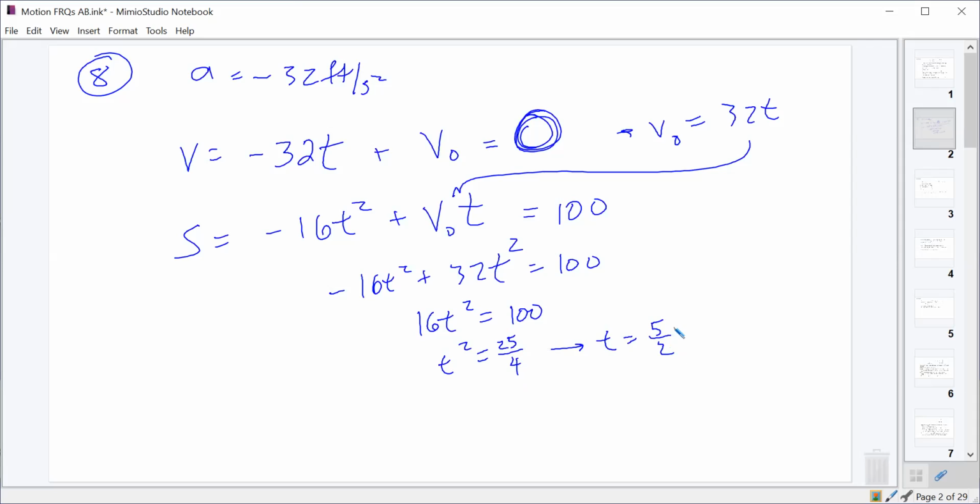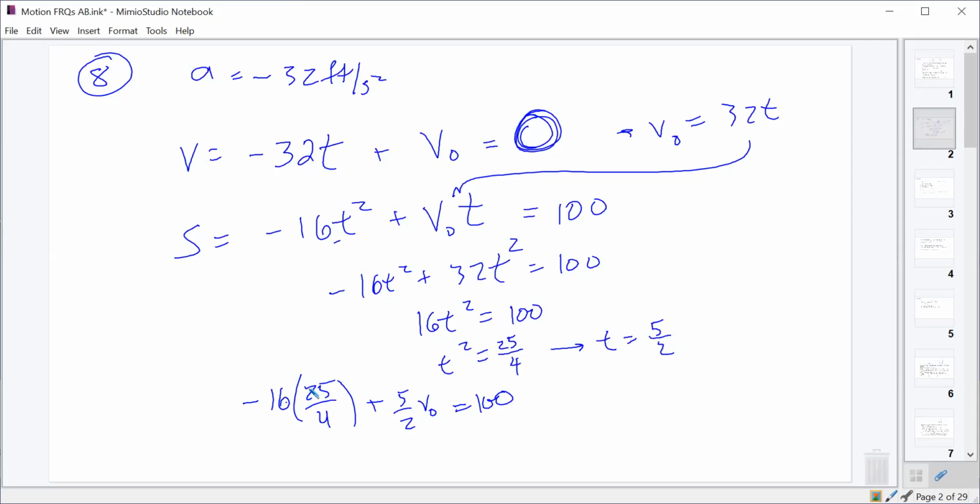If t is 5 halves, then negative 16 times 25 over 4, plus our initial velocity times 5 halves, needs to equal 100, and we'll solve for v naught.